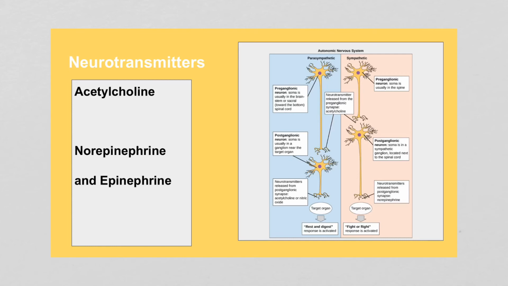Nicotinic receptors are on all postganglionic neurons, both sympathetic and parasympathetic, on the hormone-producing cells within the adrenal medulla, and where neurons synapse with skeletal muscles, called the neuromuscular junction.